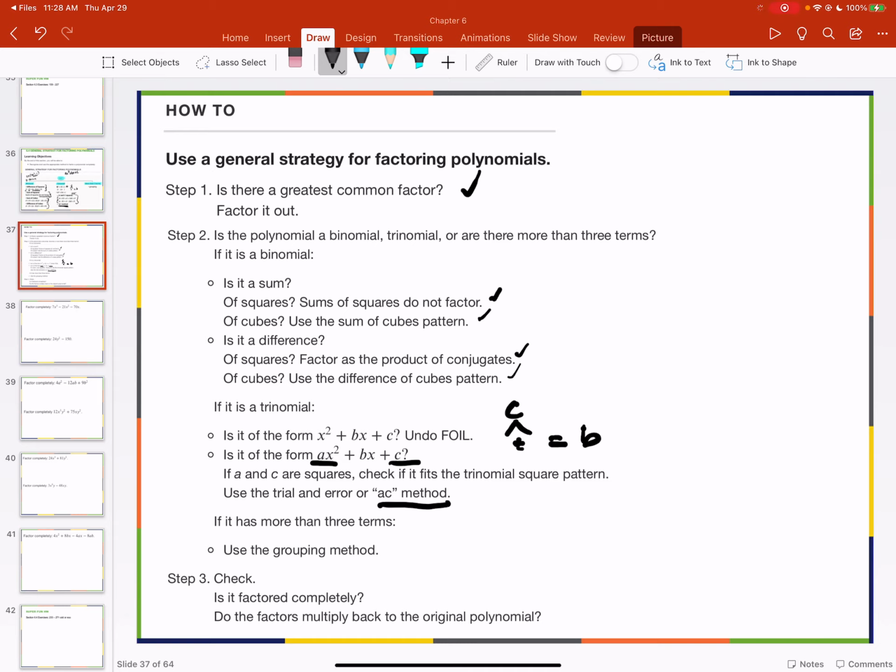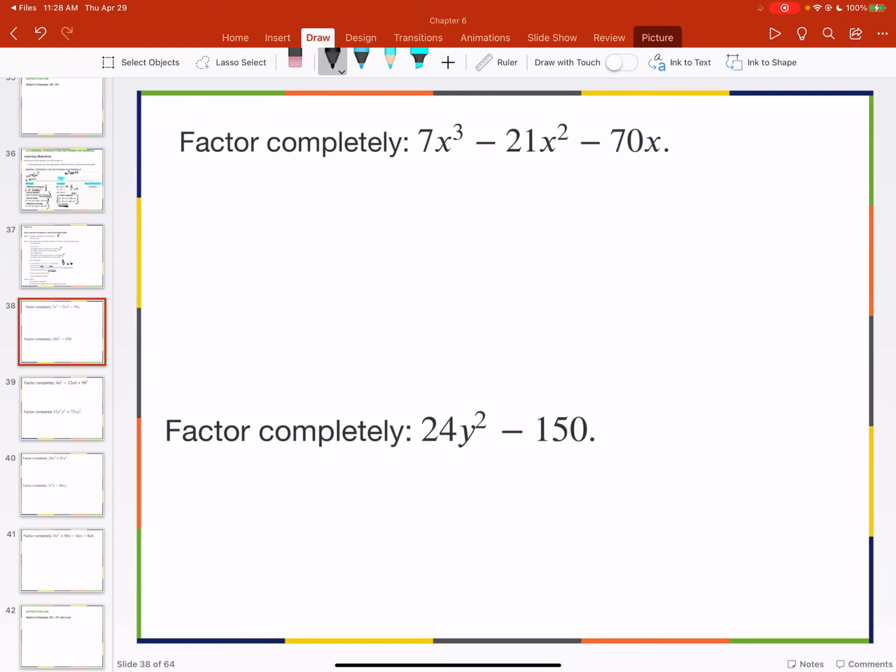If it has more than 3 terms, use factor by grouping. Finally, check and make sure that all the factors are factored completely. If you have time, you can multiply it back out and see if you get what you started with. Let's go ahead and do some examples.